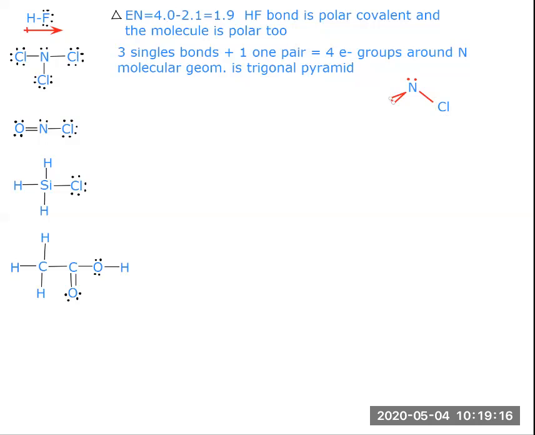So one of the wedges will be hashed, or dashed like that, and at the end you will have a chlorine, Cl. And so the one that is hashed like that means it's a bond that goes behind the paper plane. So it goes behind, away from you, away from the paper plane.